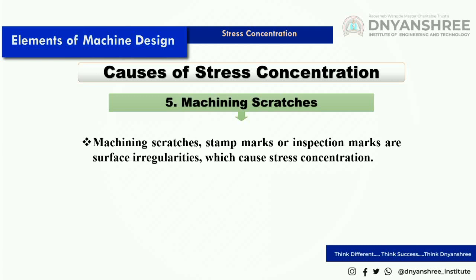Some of the components have high surface finish, but many of the components have rough surface finish, and machining scratches are present on that component. So these machining scratches and inspection marks act as surface irregularities, and they cause stress concentration.